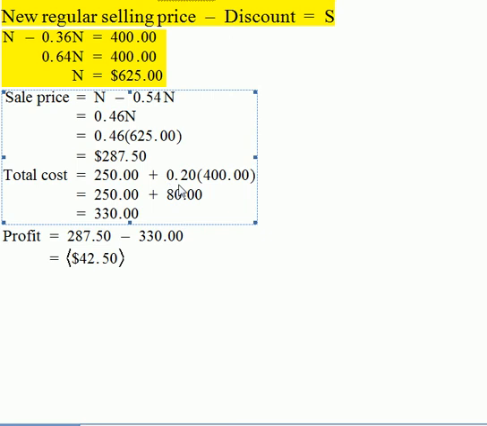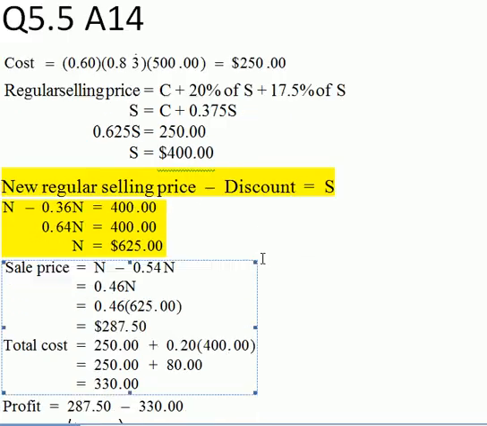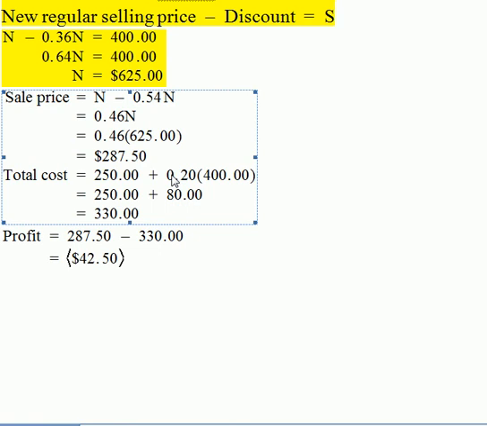And the wording of the question isn't very clear, but what it is 0.2, 20%, that's that 20% here of S, 20% of the old regular selling price of $400. So 0.2 of the old regular selling price, so that's 250 plus 80, which is 0.2 of 400. So the total cost to him is $330.